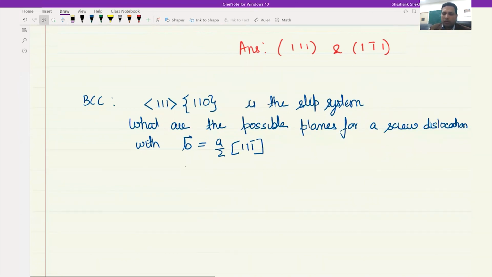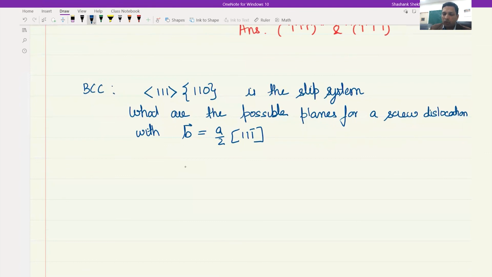Okay, so for the Burgers vector, we don't need to go to the magnitude of it, so we can just focus on this part, and therefore it is given that it is of this type 1 1 1 bar. And now you have to find out on which particular plane this screw dislocation lies.